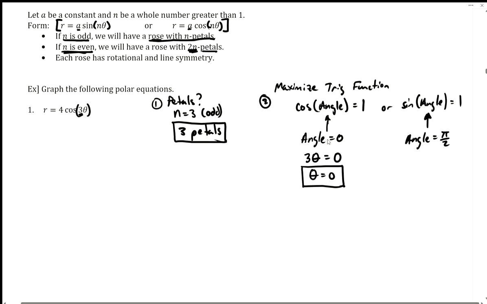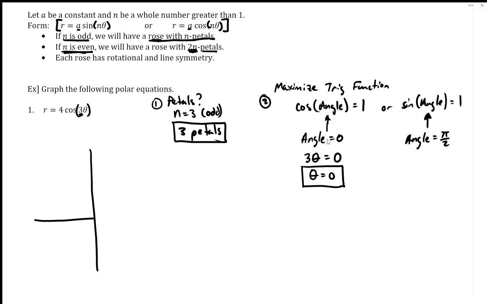Okay, so let's start our sketch, so all this will start to come together. Here's our 0, pi halves, pi, 3 pi halves, and then 2 pi. So when our theta is 0, it's saying we should go with r equaling 4, the constant amount, and go toward that angle a length of 4.